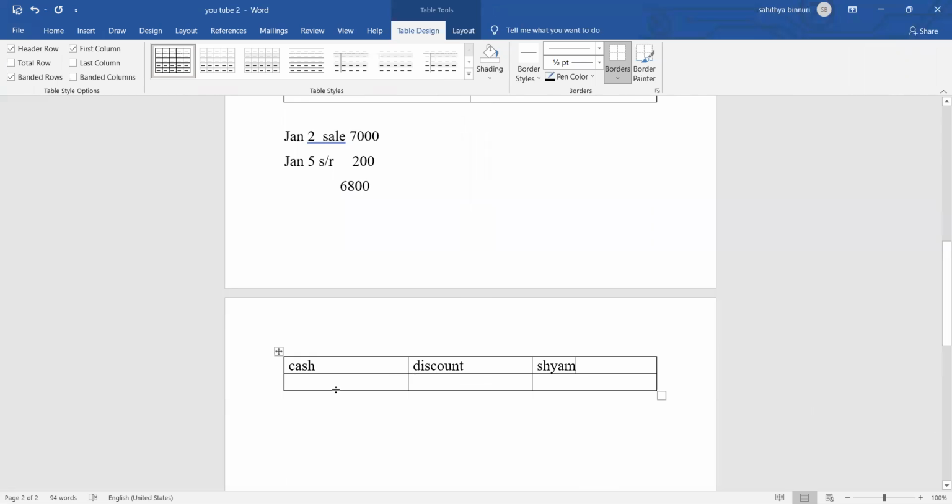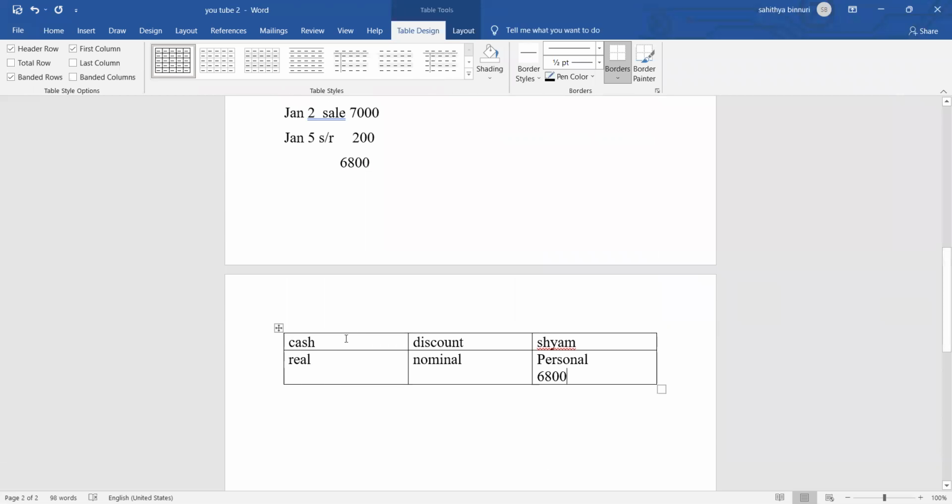So cash always comes under the real account. Discount, the nature is either an expenditure or an income, and all the expenses and incomes fall under the nominal account. And Sham, name of the person, comes under the personal account. Actually, from Sham, you are liable to receive 6,800 rupees, but the transaction is telling that you received only 6,500 rupees.